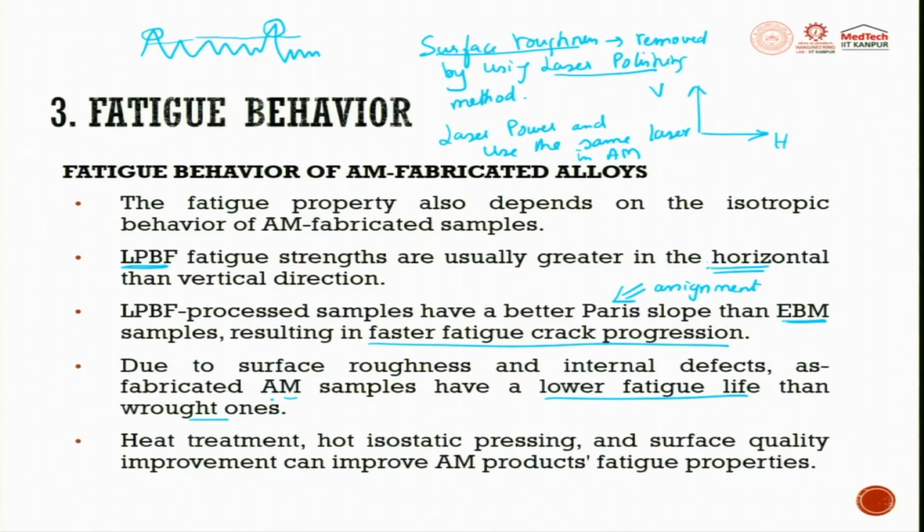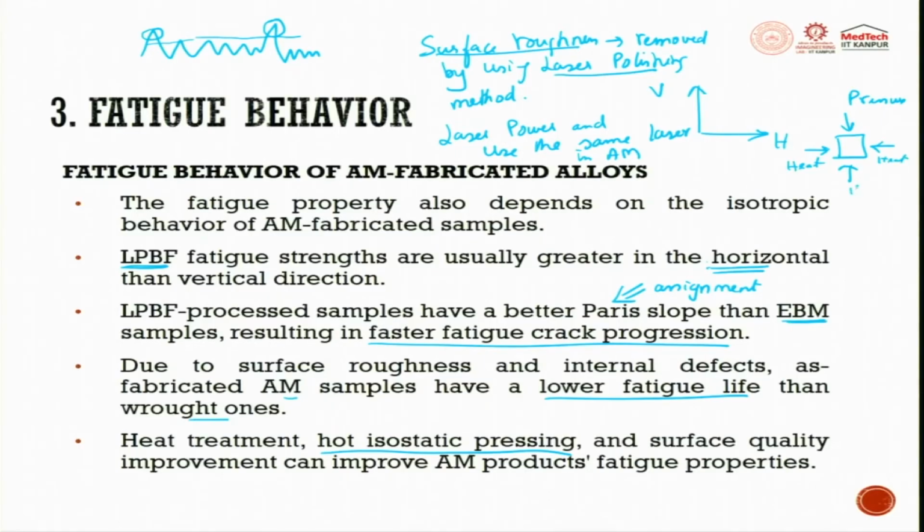So, we try to do heat treatment and surface roughness polishing methods. Heat treatment: hot isostatic pressing. Hot isostatic pressing means you place the component and you apply pressure and you also apply heat.